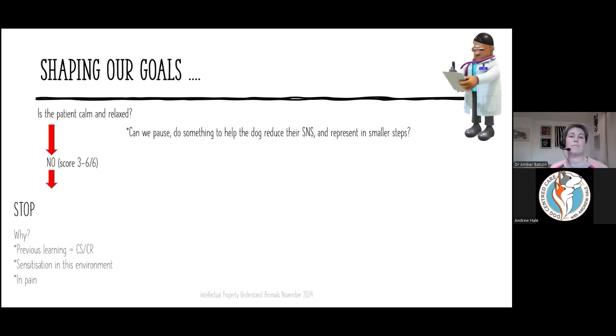Maybe change rooms. Maybe let's go outside and continue some of this examination in a different part of the clinic or even outside in the car park where they can be having a sniff and they don't feel so hemmed in. Can we, after that pause, represent what we were trying to do in smaller steps?